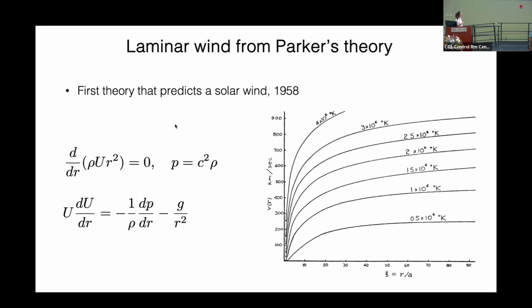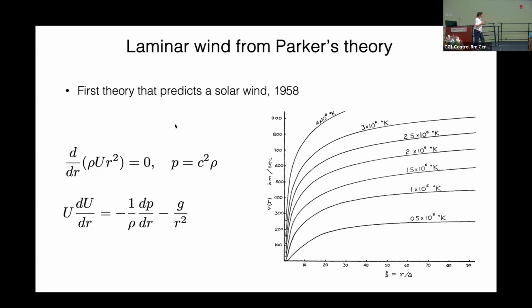And I call this laminar because this flow that's predicted by this theory is smooth. And the flow follows well-defined streamlines, which are radial, right? As we saw yesterday. Just 1 year or so after this paper came out, the solar wind was actually measured in situ.